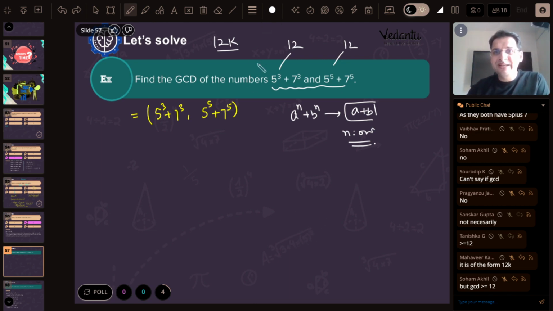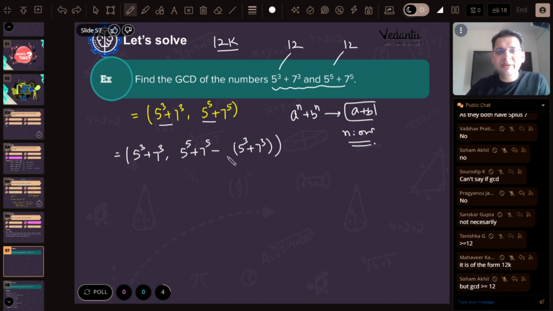Same properties. Smaller number, big number. Small number as it is. 5 to the power 5 plus 7 to the power 5 minus something times the small number. What this something can be? To make our life easier, I can put this something as either 5 square or 7 square.